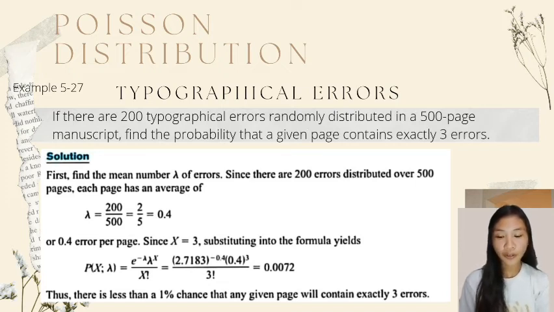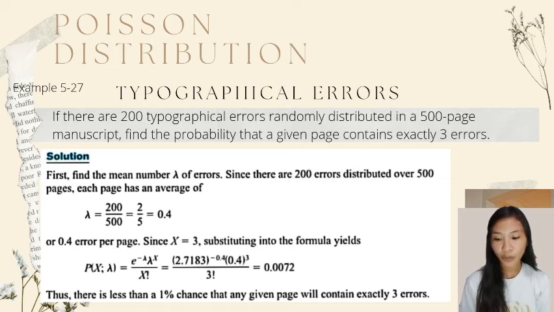Since there are 200 errors distributed over 500 pages, each page has an average of lambda is equal to 200 over 500 is equal to 2 over 5, then the answer is 0.4 error per page.